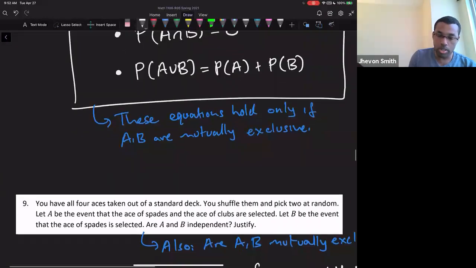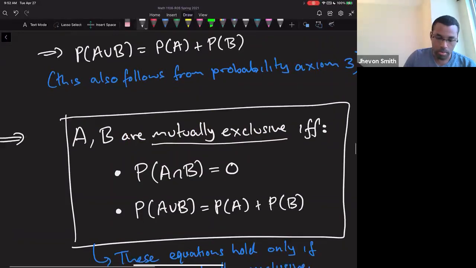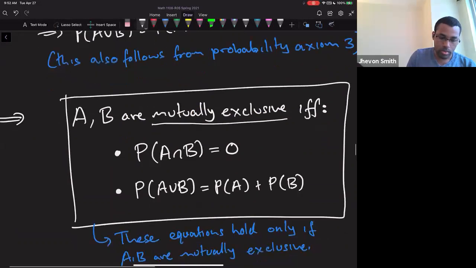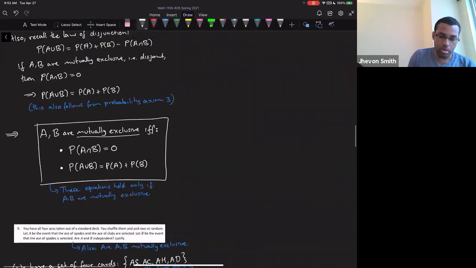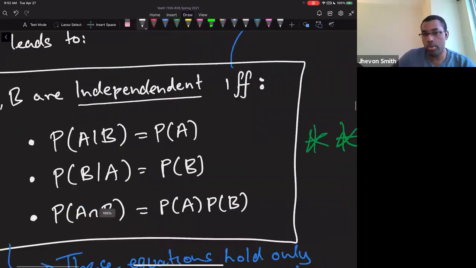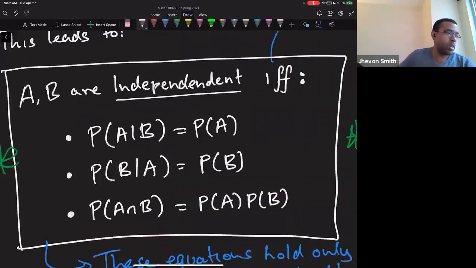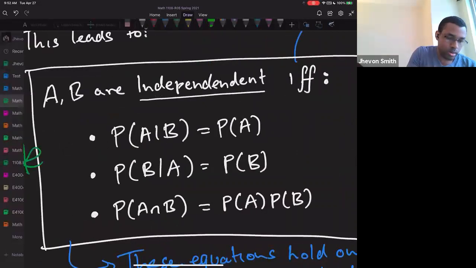We also had mutually exclusive, and it meant this, right? We did this 3-4 lectures ago. So using the intersection for multiplication is not true in general. It's true if we know that they're independent. So we can't really use that here.